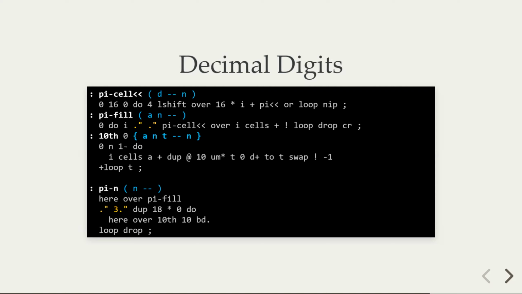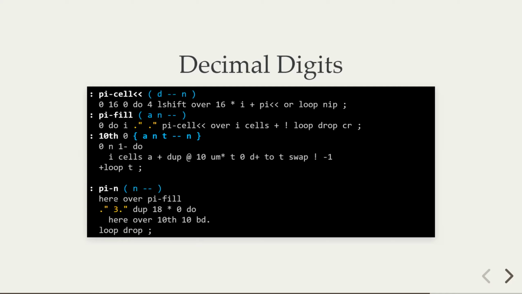So the key thing in all of this is that I've avoided any divisions or mods other than single cell size. This one is essentially a multiply by 10 that's arbitrary precision, and then that lets me go through it and generate some number of digits into a buffer. I actually just generate them into the unused portion of the dictionary. So here over and then pi fill.